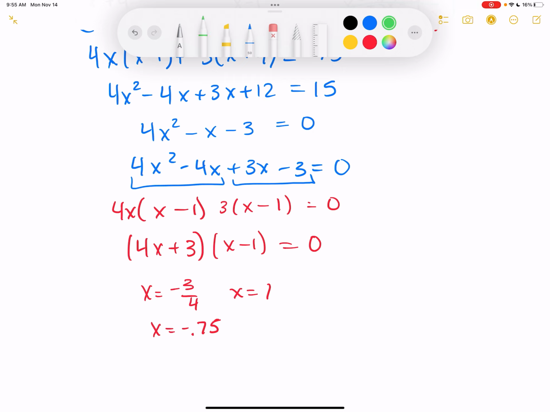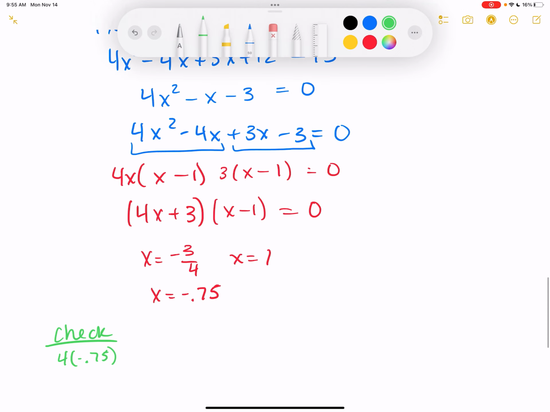So we check. We have 4 times negative 0.75 over negative 0.75 plus 4, plus 3 over negative 0.75 minus 1, equals 15 over negative 0.75 squared plus 3 times negative 0.75 minus 4.